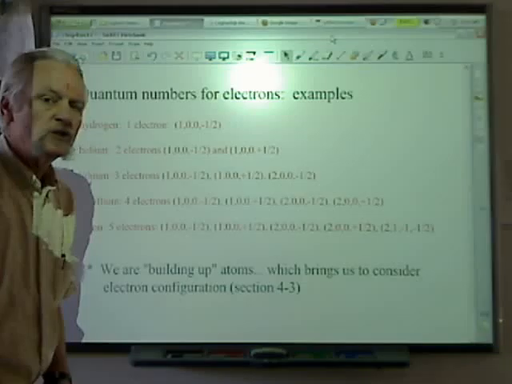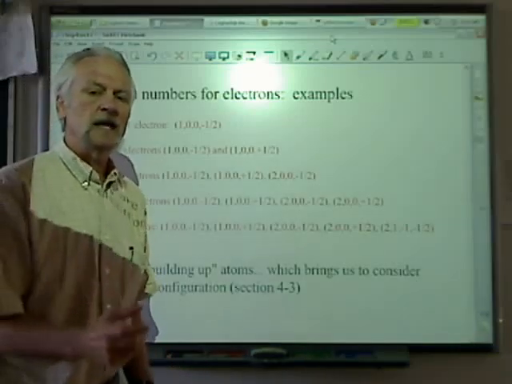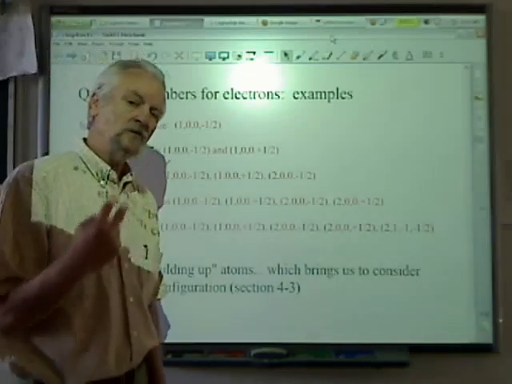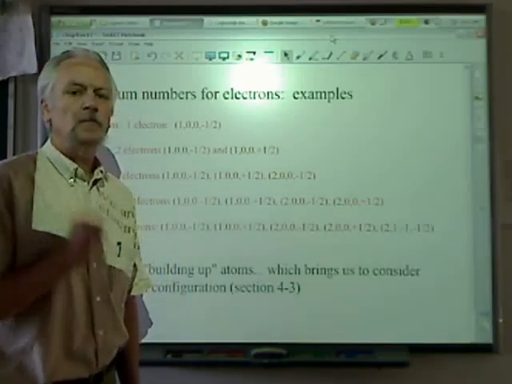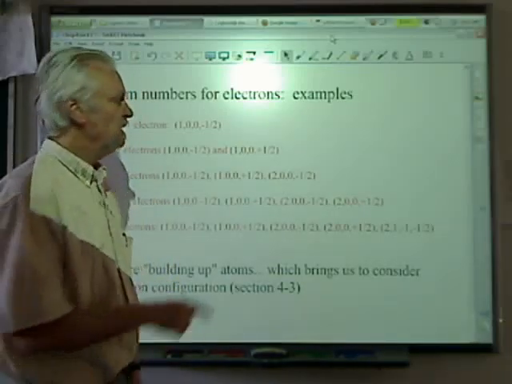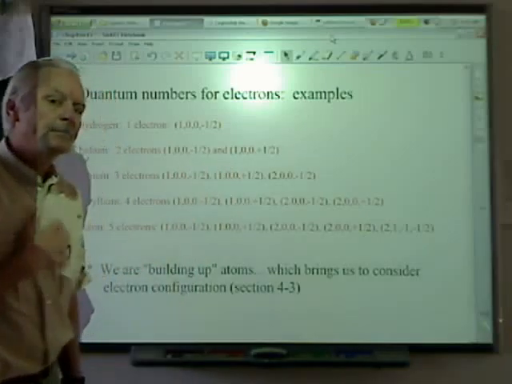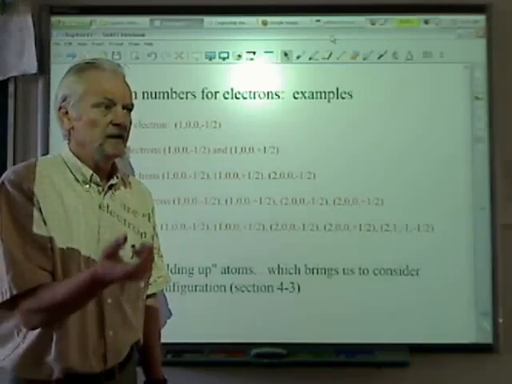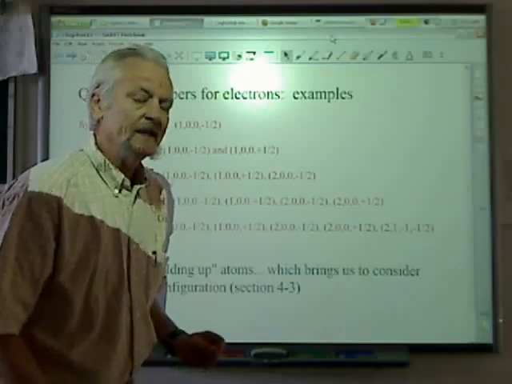And by convention, the first electron into that orbital, which can hold a possible 2 electrons, is given the -1/2 spin. So those 4 quantum numbers uniquely define and describe the electron in a hydrogen atom.